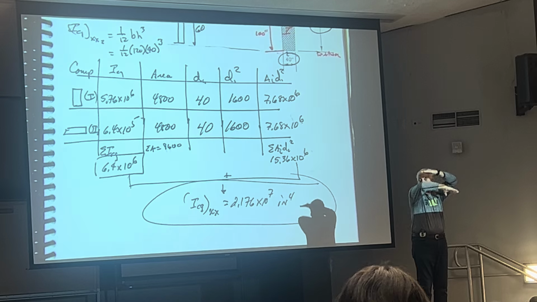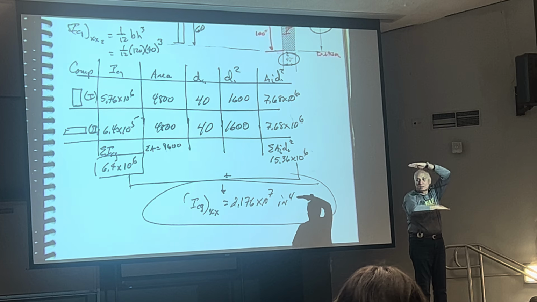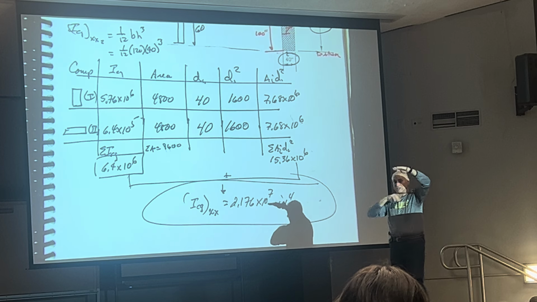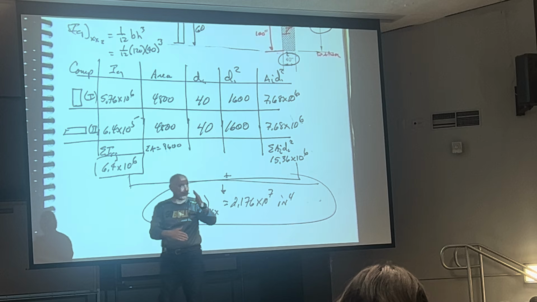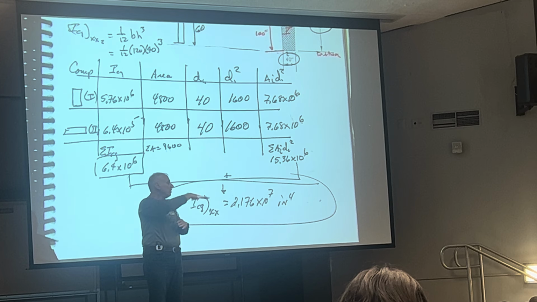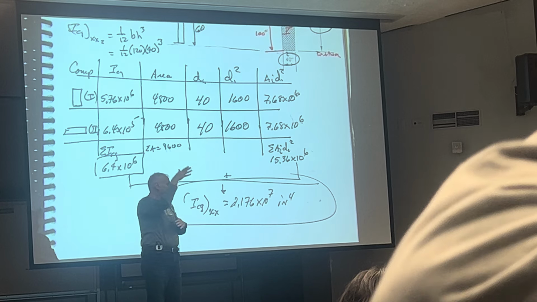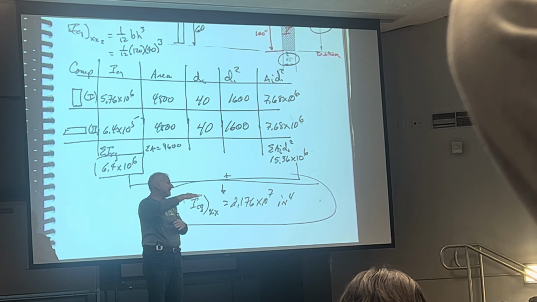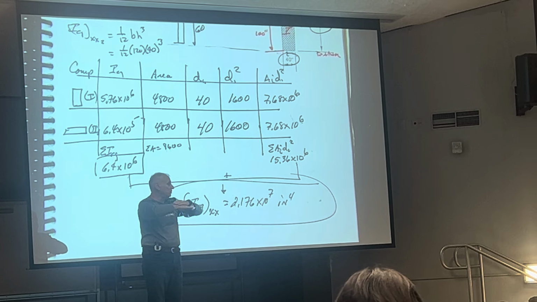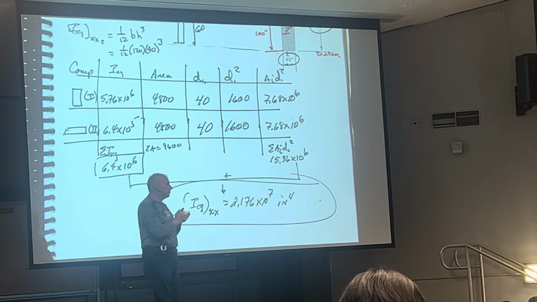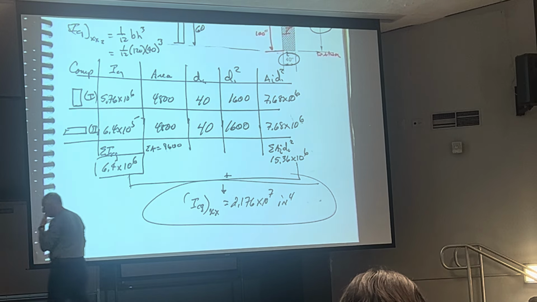The centroid sits at 100 inches for the overall figure from the base. The centroid for the vertical sits at 60 from the base. So now I need a d that goes the difference, right? Those are the 40s. Any questions on this?